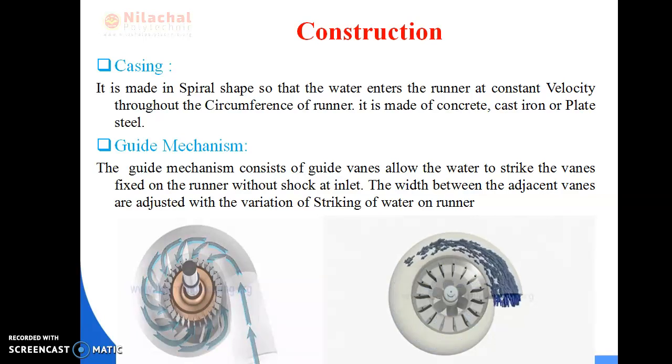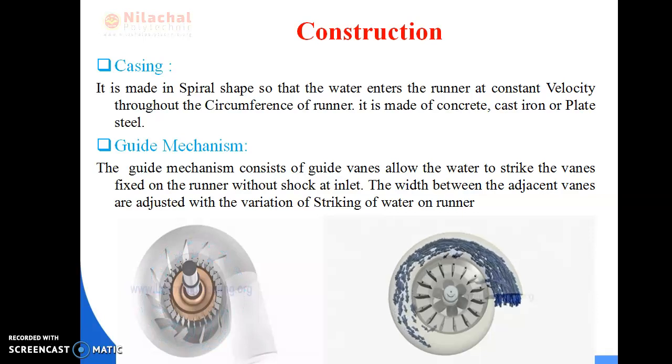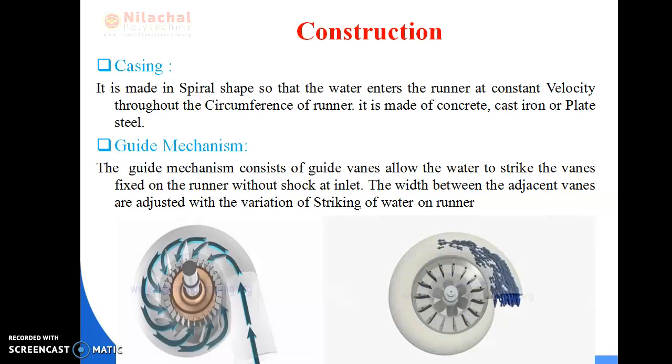Water is led from the source to the turbine through the penstock. The penstock delivers the water into the casing which surrounds the runner and guide mechanism.